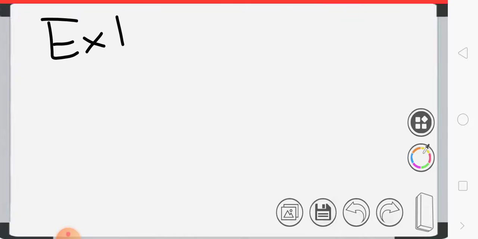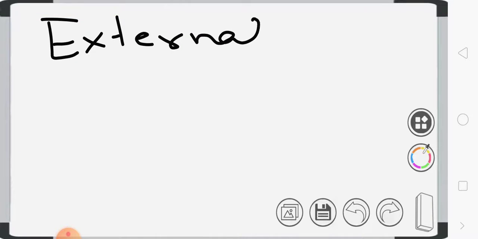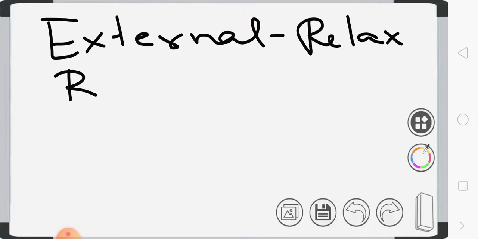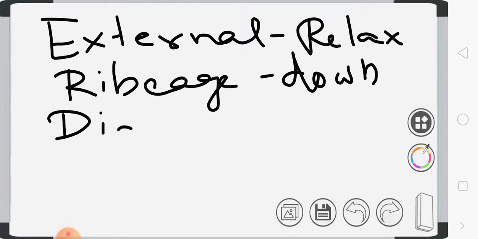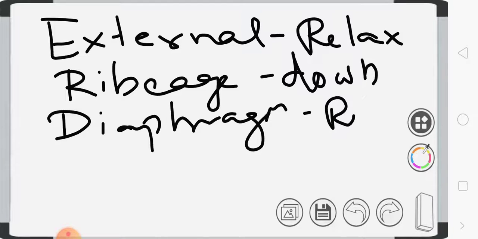Children tend to feel that when air goes in, lungs are expanding. No, you have to say that the external intercostal muscles relax. What happens to the rib cage? The rib cage moves down. Then the diaphragm is also relaxing.